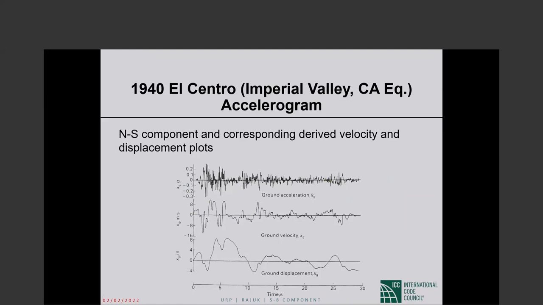You see a dramatic change. The period of the velocity plot is much longer than the period of the accelerations. The accelerations go back and forth very frequently. The velocities do not go back and forth anywhere near as frequently, as you can clearly see.